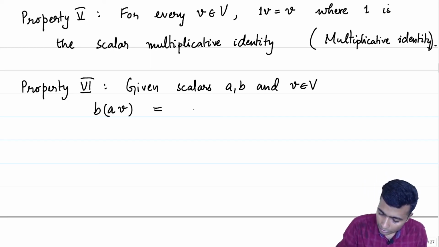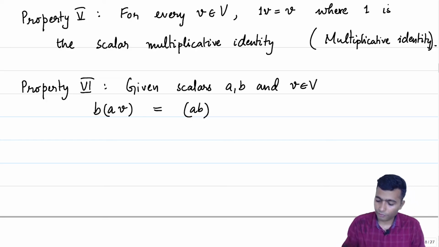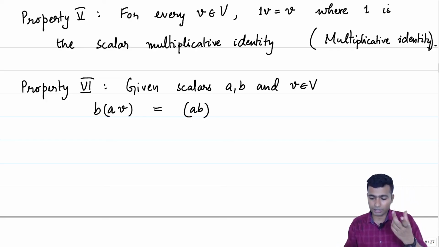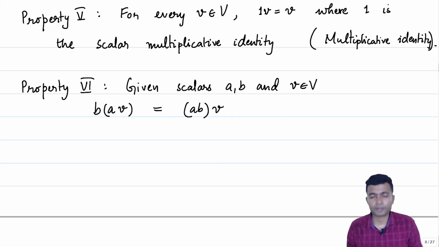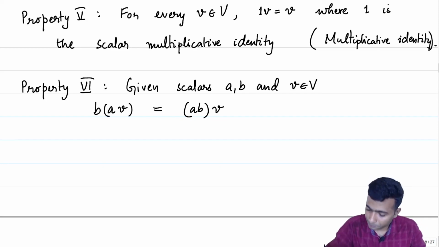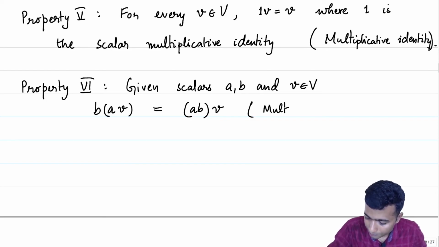This has to be necessarily the same as first looking at the product of the scalars a b and then doing the scalar multiplication of that to our given vector v. They should be the same. So, scalar multiplication is associative.